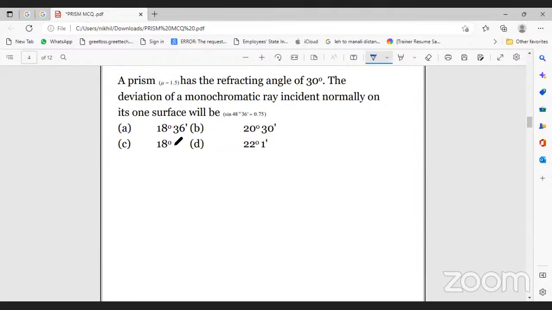What is the refractive index of the prism? 1.5, sir. What is the refracting angle? 30 degrees. The angle of the prism is 30 degrees, so the refracting angle is 30 degrees here.